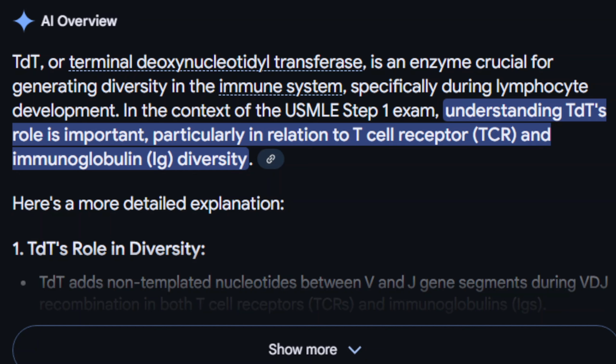The TdT is an enzyme crucial for generating diversity in the immune system, specifically during lymphocyte development. In the context of USMLE Step 1, understanding the TdT is important, particularly related to T-cell receptor and immunoglobulin diversity.